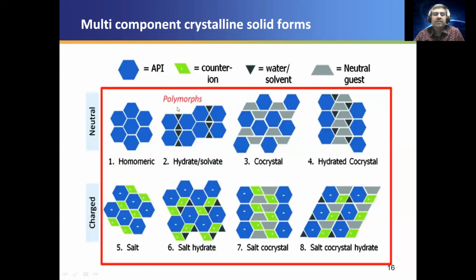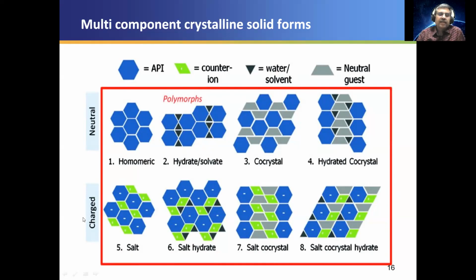Under the neutral species, we can have polymorphs. Homomeric polymorphs are those wherein only the API molecules are involved in the phenomenon of polymorphism. Hydrates and solvates involve both the API and the water or the solvent molecule in the crystalline arrangement. Co-crystals involve the API and the neutral guest molecule. Hydrated co-crystals involve the API, neutral guest, and water or the solvent molecule.